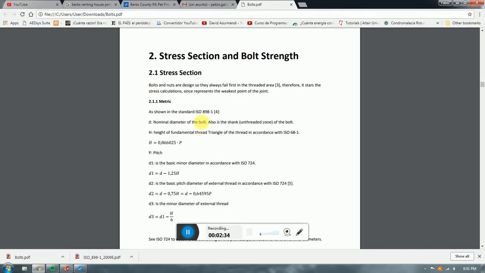This is important to know. So not in all the bolts, but regular ones it is. But either way, we're going to use D as the nominal diameter of the bolt: 5 millimeters for M5, 14 for M14, 36 for M36, or whatever.